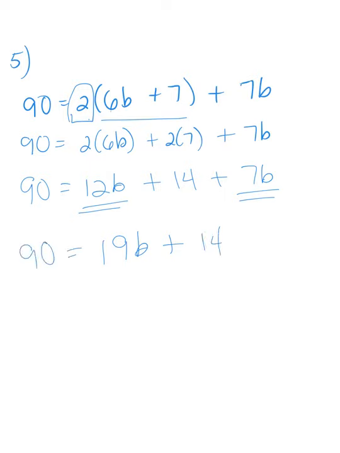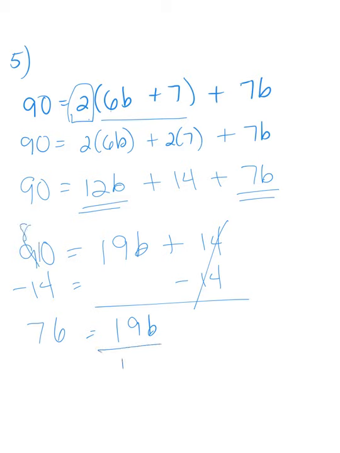Can I combine anything? Yes. You could subtract 14. The 14 goes away from that side. What'd you get? 76. You get 76, 90 minus 14. I got 76. Divide by 19.